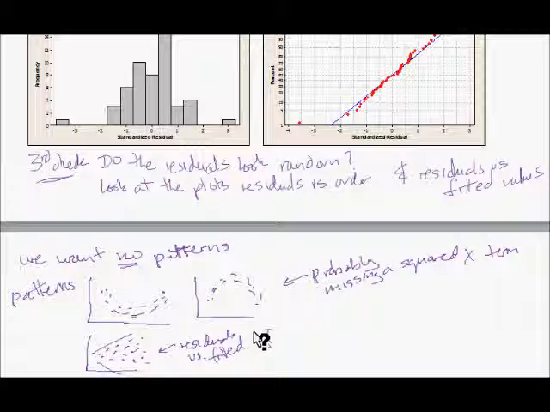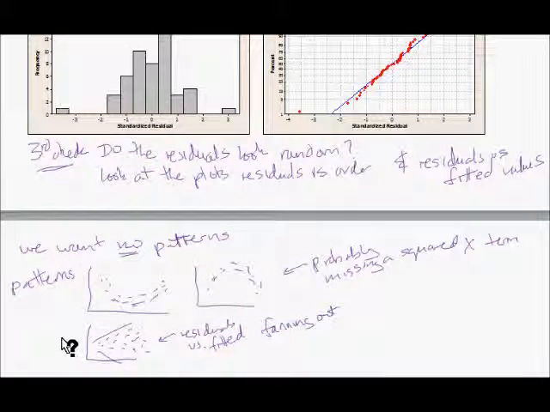The fanning out is just a natural product of some variables. For example, say you're looking at income versus age. So suppose this here is age. My y here is income. I might expect some fanning out here.